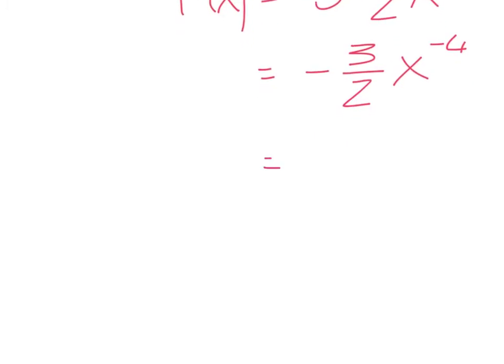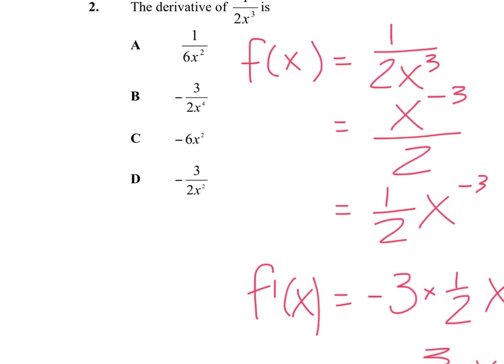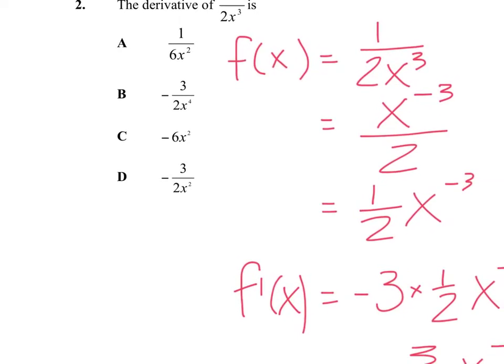What we want to do now is make sure our x to the power -4 finishes up with a positive power. So that's -3 over, and move x onto the bottom line with the 2 x to the power of 4. So looking at our answers, that corresponds to answer B, -3 over 2x to the power 4.